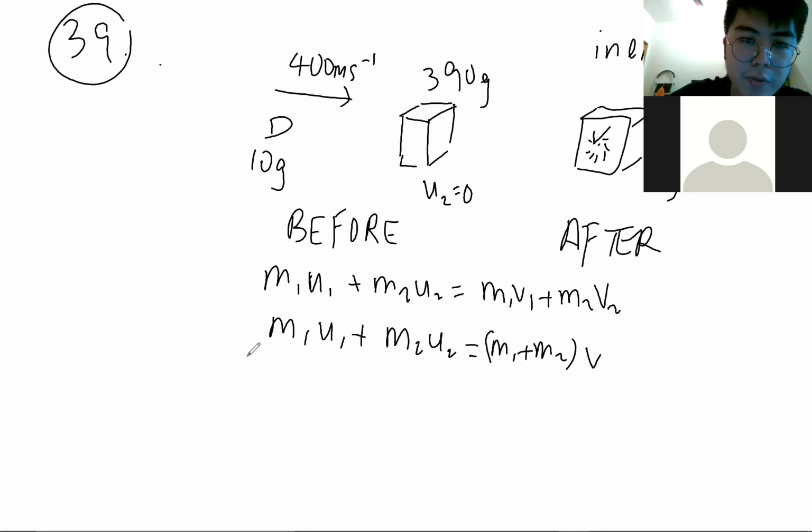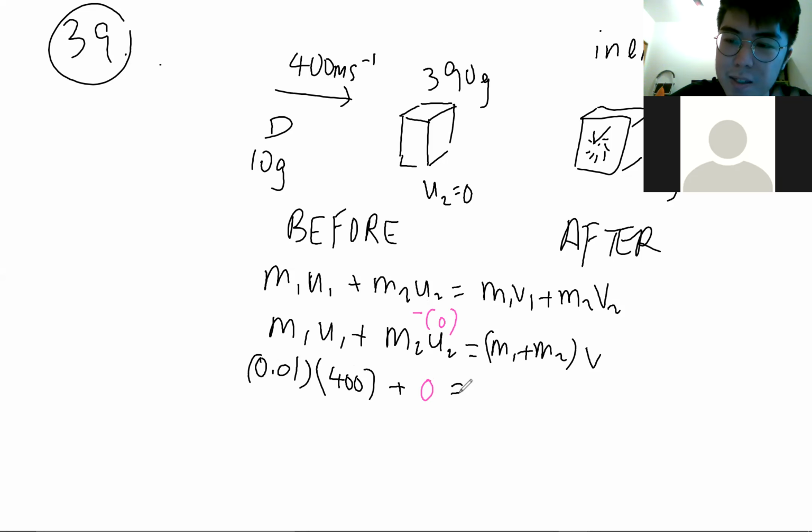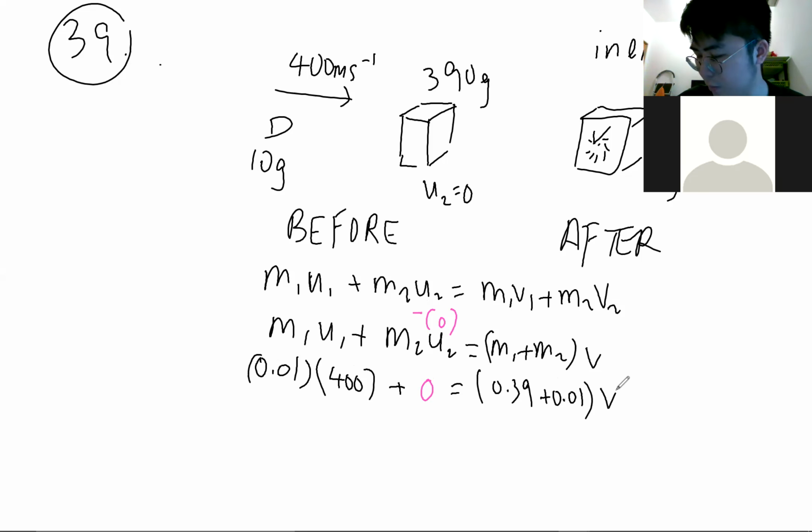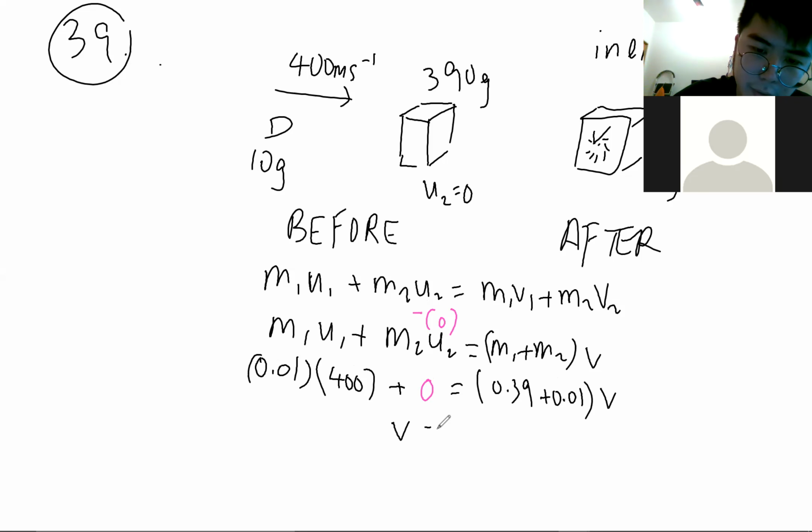So m1, the mass of the bullet, same 0.01, velocity 400, plus, since the velocity of the block initially is 0, this whole thing would be 0, right? Equals, now you just take the sum of the masses, 0.39 plus 0.01, times V. Now you just want V. Okay, you will get V equals 10 meter per second.